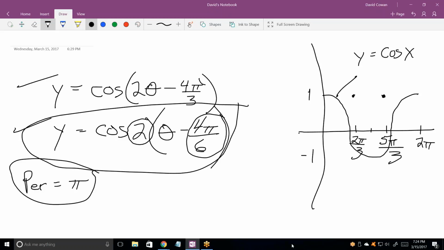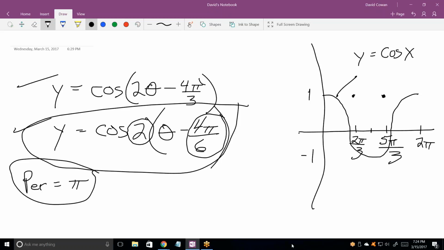In other words, I got to quarter it up. 2 pi over 3 and 5 pi over 3. How do you find the halfway point between those 2 points? Wouldn't it be add them together and divide by 2? Yes, that's how you find the midway point.